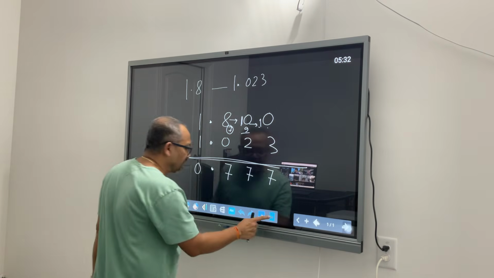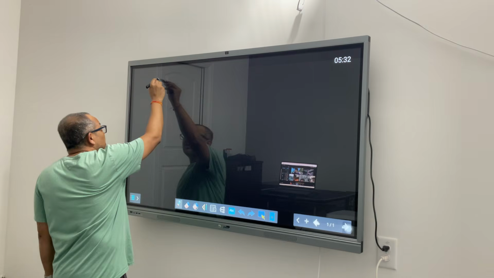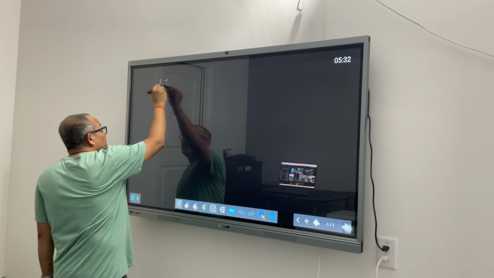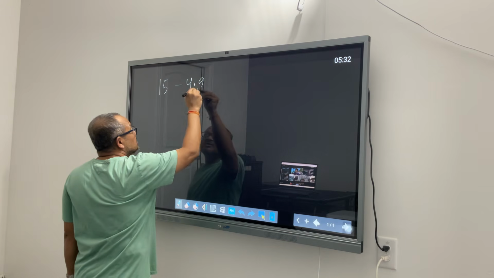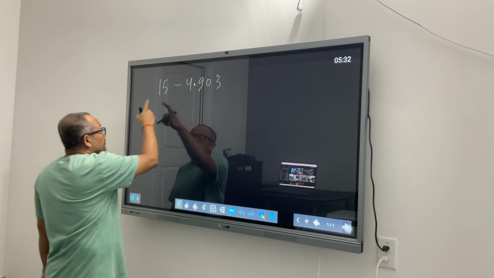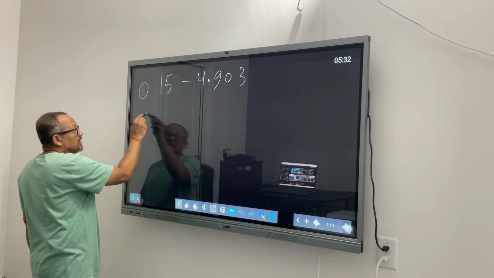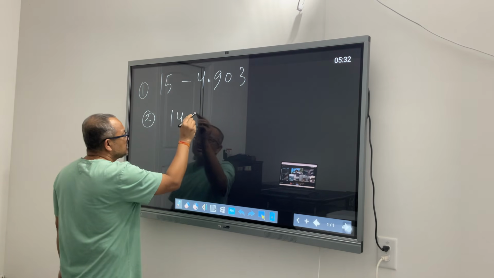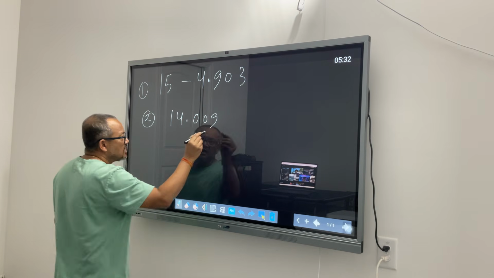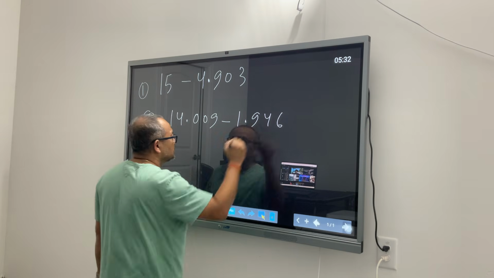Now, I want everybody to solve 3 problems. I want you guys to subtract 4.903 from 15. This is one problem. Second problem is 14.009 minus 1.946.